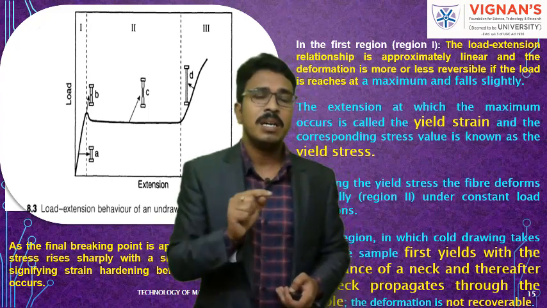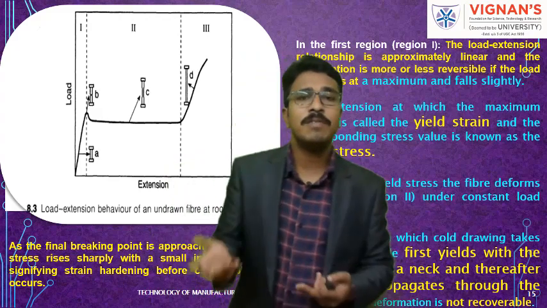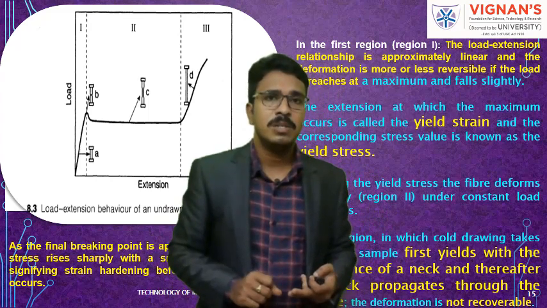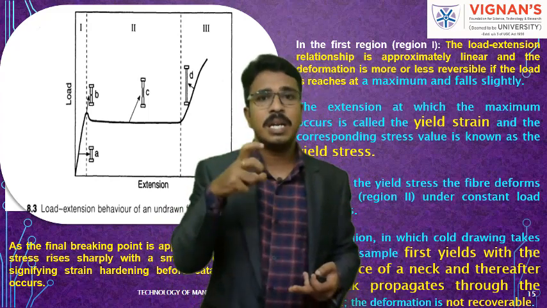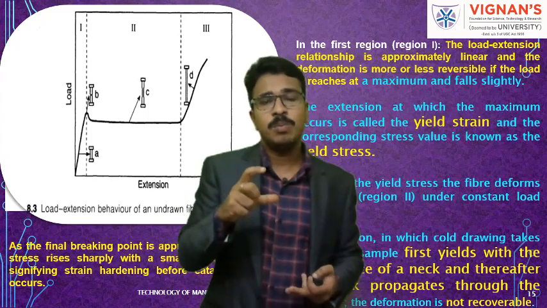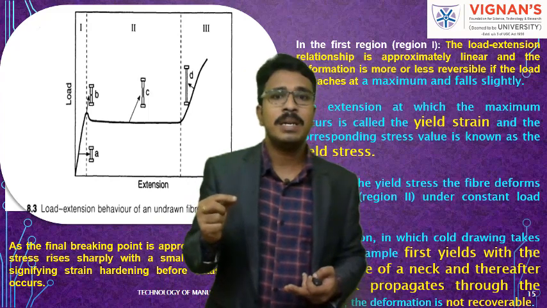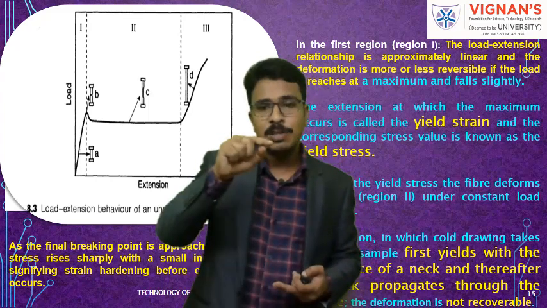In the previous slide I told you about the necking or deformation behavior. So this is the necking behavior. After the maximum yield strain or yield stress, if you maintain the load at a constant rate, first the filament yields with the appearance of a neck.